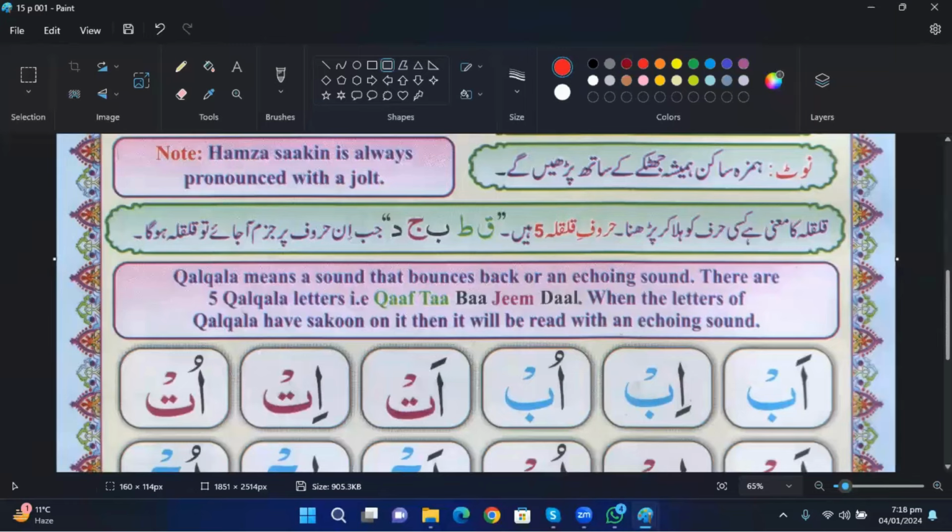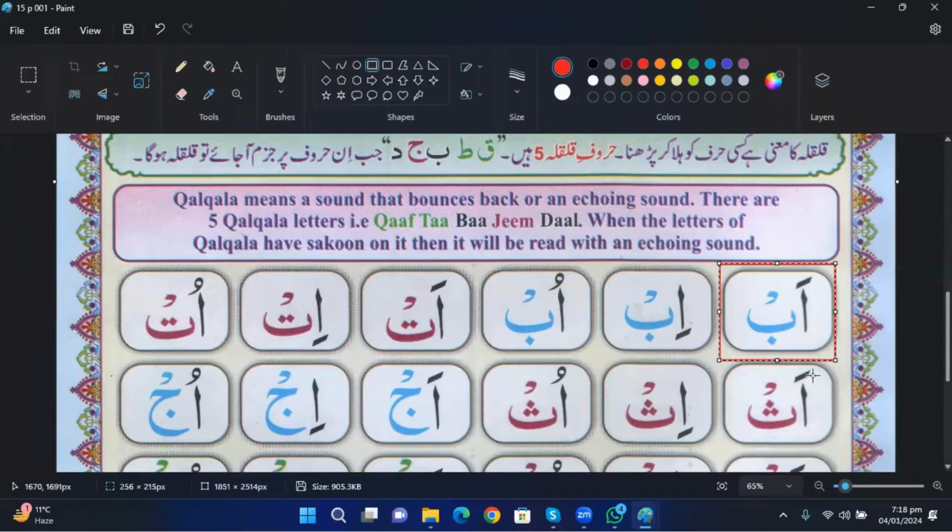If it is qaf, ta, ba, jim, or dal, any one letter from this group that has jazm or sukoon over it will be read with an echoing sound, like Hamza Fatha Ba Sukoon Ab, Hamza Kasra Ba Sukoon Ib, Hamza Dama Ba Sukoon Ub.